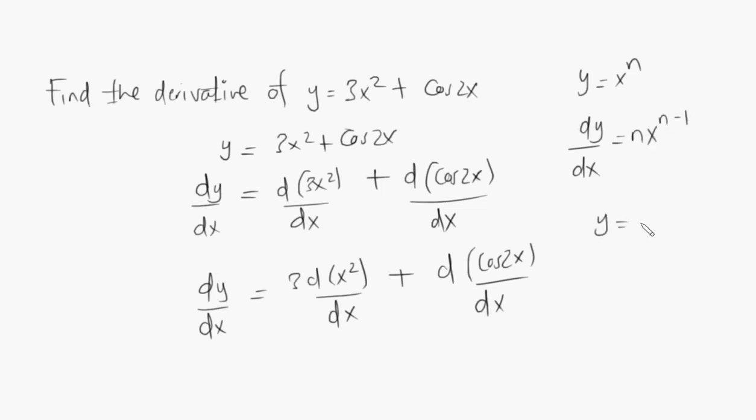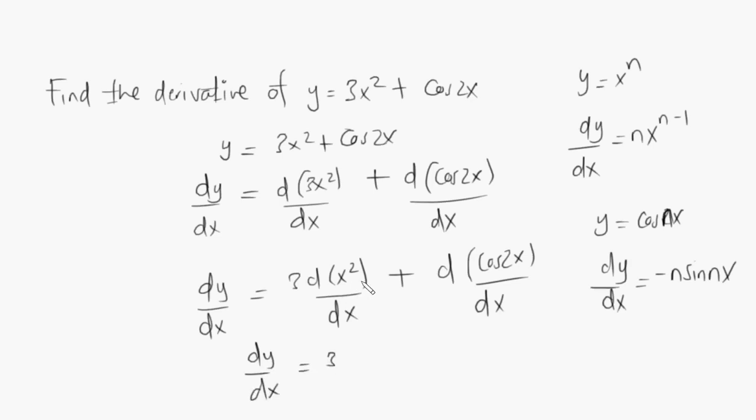And when y equals cos nx, my dy dx will just be equal to negative n sin of nx.